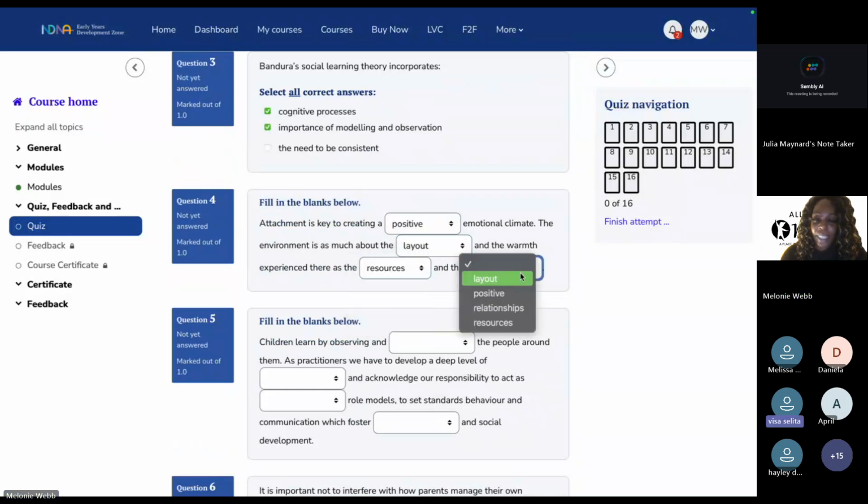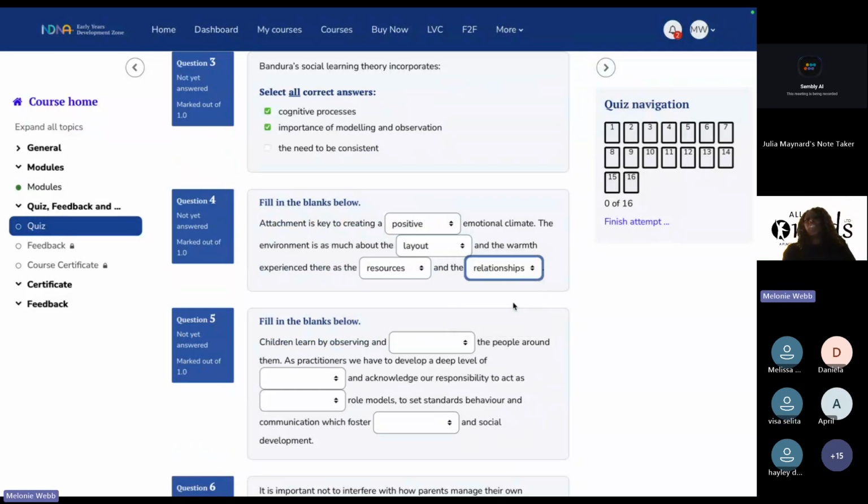Oh, attachment is key to creating a positive emotional climate. The environment is as much about the layout and the warmth experience there as much as the resources and the relationships. Happy with that? Would anyone like to change anything around? Speak now, forever hold your peace.